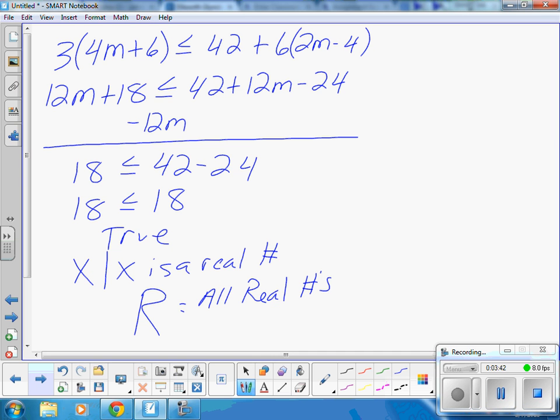So you have the two scenarios. One, where we get empty set, which leads to a false statement, or two, we get all real numbers, which is a true statement.